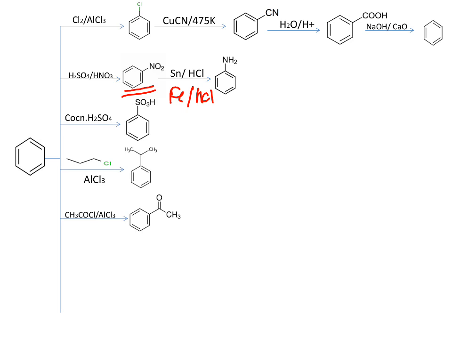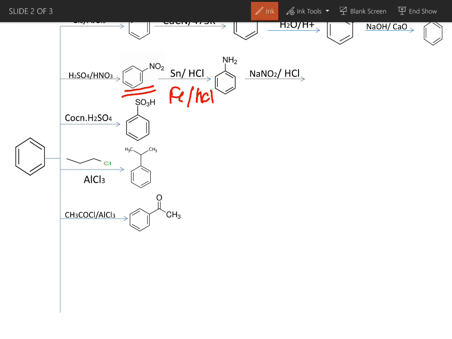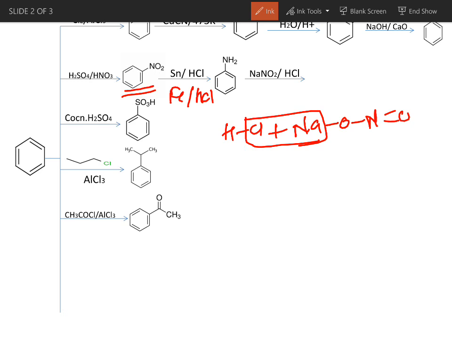Next, aniline is further reacted with a mixture of NaNO2 and HCl. Now here first NaNO2 and HCl will react together as HCl plus NaNO2. NaCl will be eliminated as a salt, leaving behind HNO2. HNO2 is known as nitrous acid, whereas HNO3 is known as nitric acid.